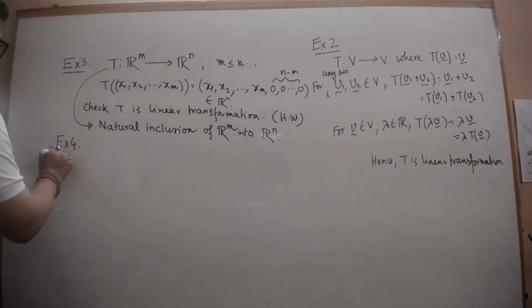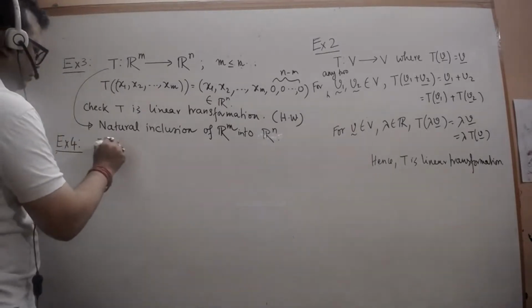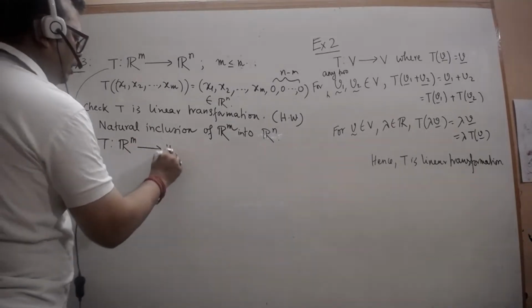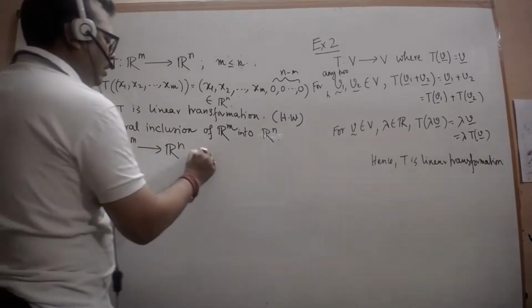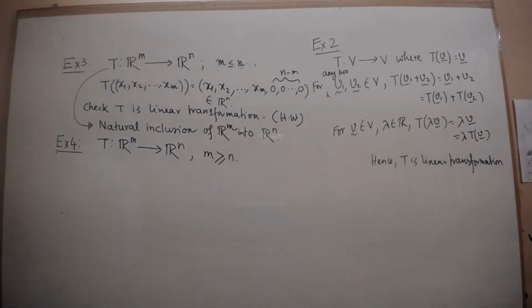Example 4. T from Rn into Rm where n greater than or equal to m.